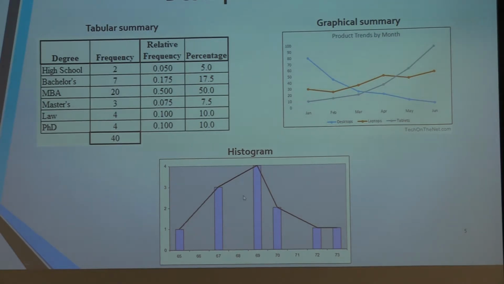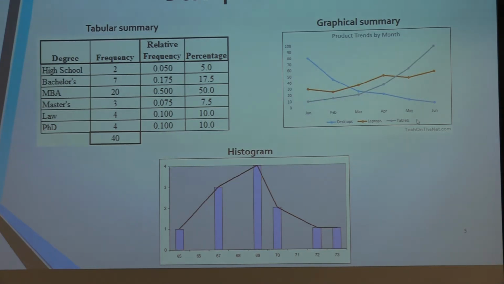Okay. Maybe let's look at this. You can see that it presents information for the sales of different IT products, right? From January to June. The blue line means the sales information for desktops. The orange line is for laptops, and the gray line is for tablets.